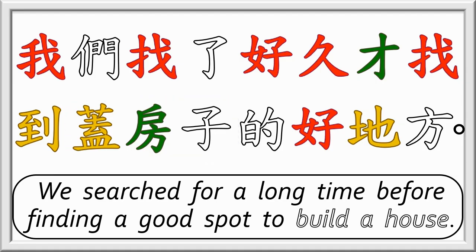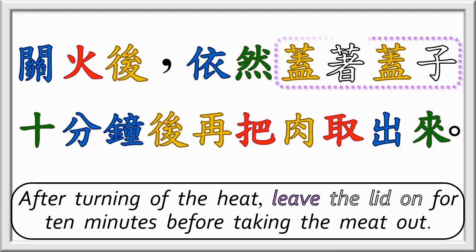We searched for a long time before finding a good spot to build a house. 关火后，依然盖着盖子10分钟后，再把肉取出来. After turning off the heat, leave the lid on for 10 minutes before taking the meat out. Notice that 依然 means still, as before, or as usual. In other words, keep the lid on as before.